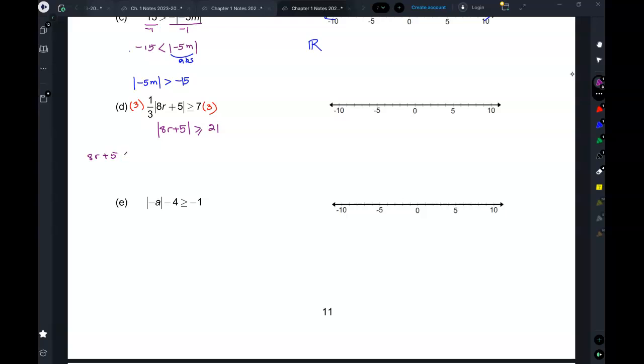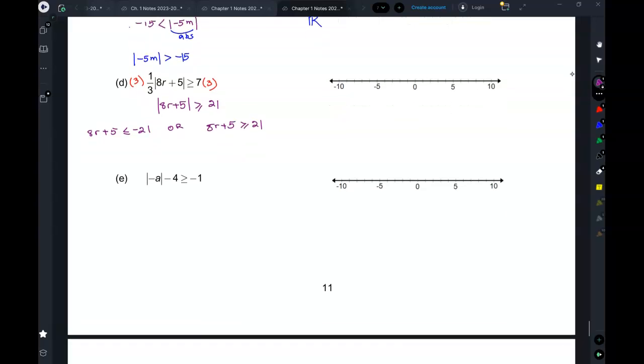Less than or equal to negative 20. Yep. Or 8r plus 5 is greater than or equal to positive 21. Why are the signs different? Because for or, you have to switch the signs, make them opposite. It has to be less than or greater than.